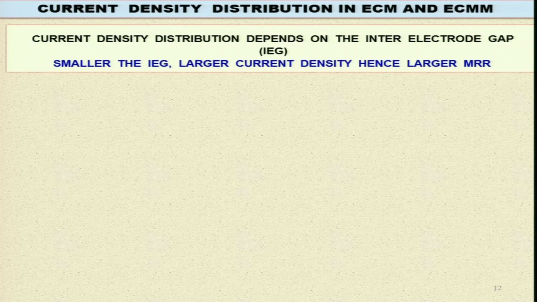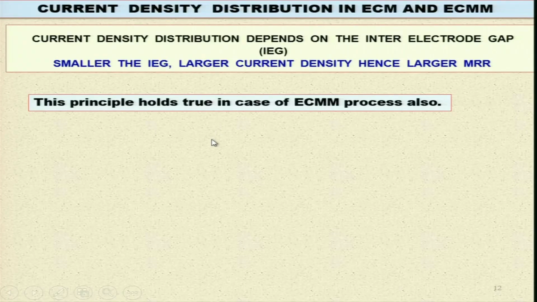Smaller the inter-electrode gap, larger is current density, hence larger material removal rate, because as we have seen in the earlier slide, M is proportional to I, that is the current, and if you divide it by the area where current is flowing, then you get the current density. So, M is directly proportional to the current density. This principle holds true in case of ECMM process also.